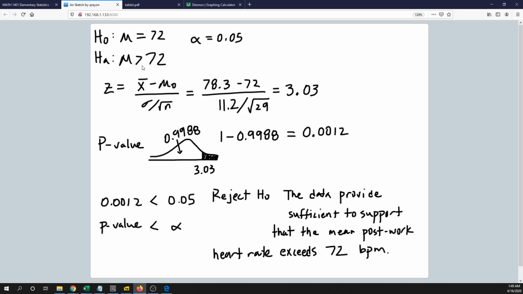Okay. All right, and that is it for this problem.